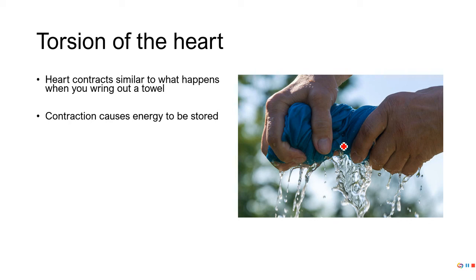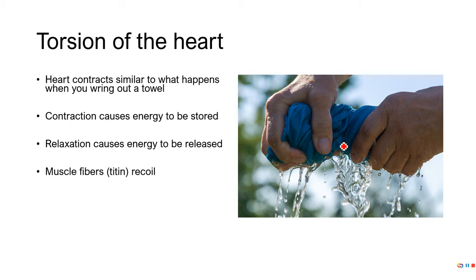When that heart relaxes, that energy is released. Muscle fibers recoil, and that creates a pressure gradient that pulls blood into the ventricle from the atria. So we're basically sucking blood into the ventricle from the atria.